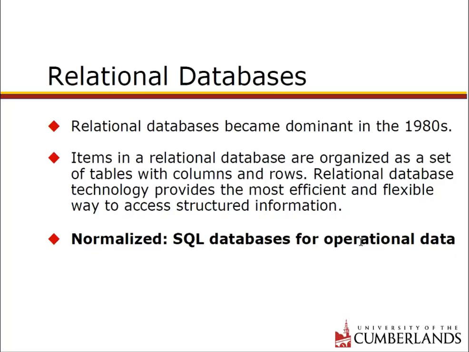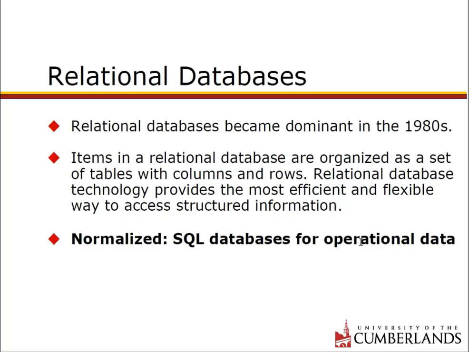Relational databases are normalized, meaning the data is organized to reduce redundancy and improve data integrity. So instead of storing customer name and address information in every transaction record, you store it once in the customers table, and then you can reference it using the customer ID field. This normalization is particularly important for operational data, the day-to-day transaction processing that keeps businesses running.